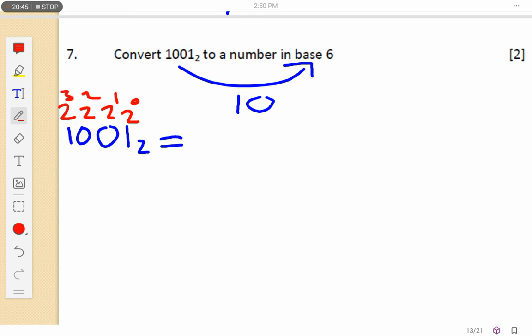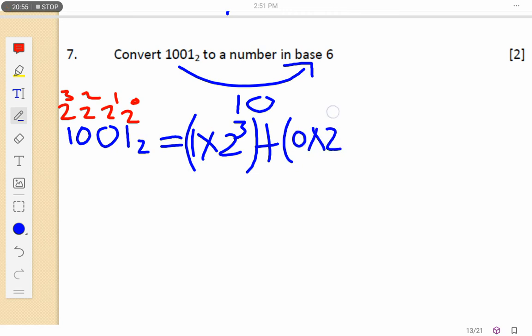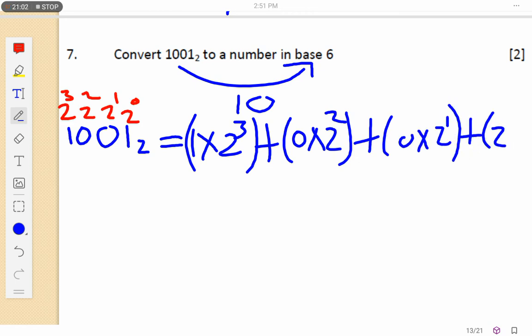So at the end of the day, if I'm to write, I'll have 1 times 2 to the power of 3 plus, let's have our brackets, 0 times 2 to the power of 2 plus 0 times 2 to the power of 1 plus, sorry, that's 1 times 2 to the power of 0.